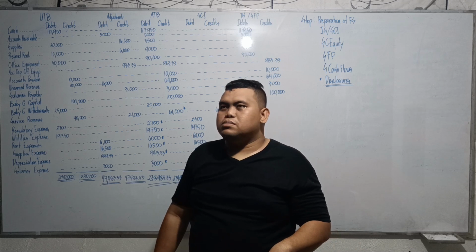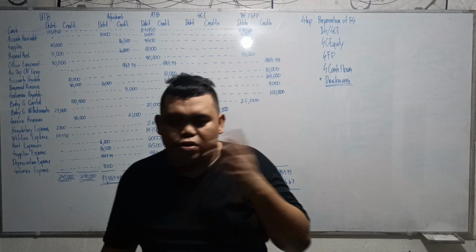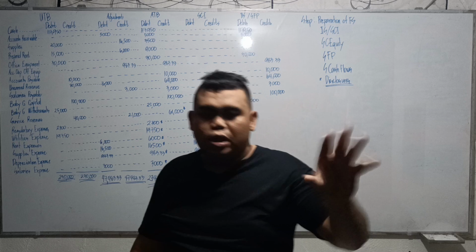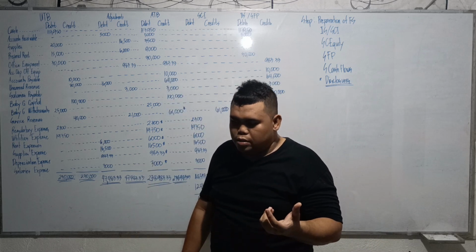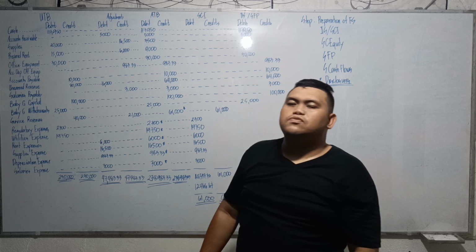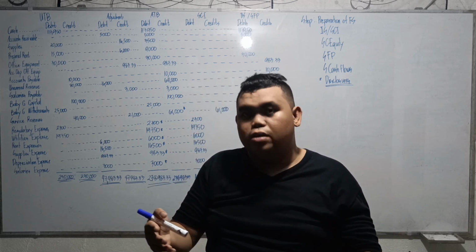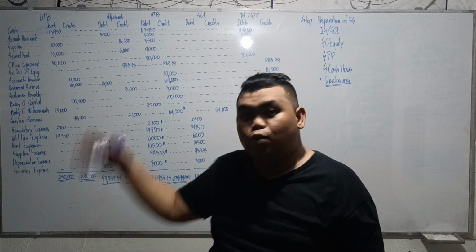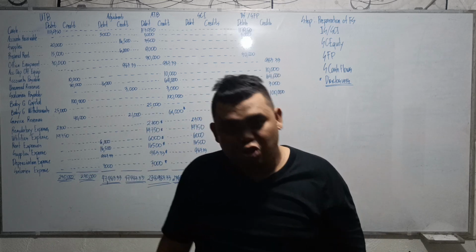What is the Securities Exchange Commission number? Something like that. So any other information is put in there, the profile of the company, so that the users of financial information will know the profile of the company which owns the financial statements and know if the company is legit.